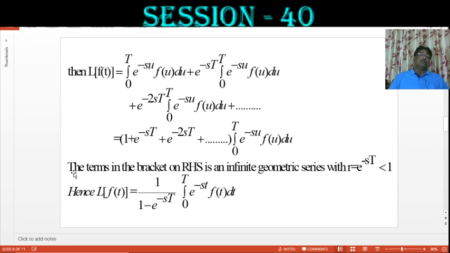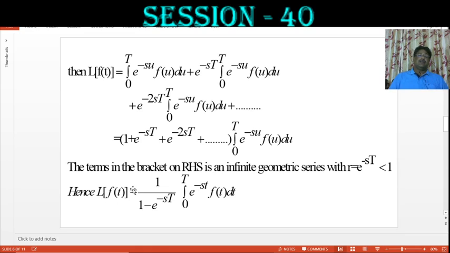Now, the terms in the bracket on the RHS form an infinite geometric series, with r equal to e raised to minus sT which is less than 1. We can make use of the sum to infinity of a geometric series, that is a divided by 1 minus r.